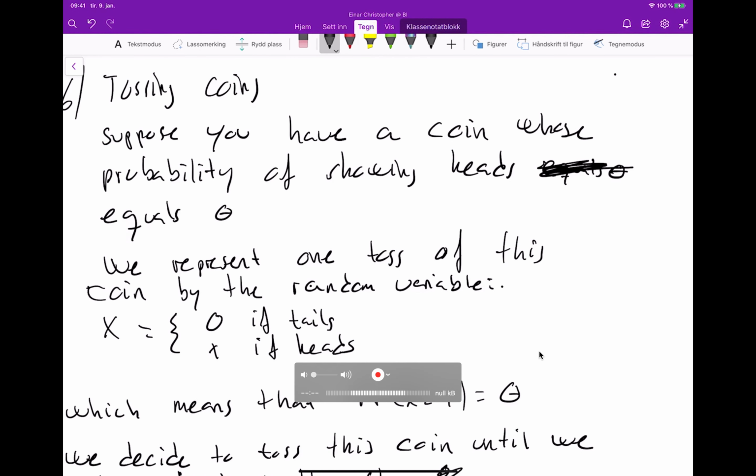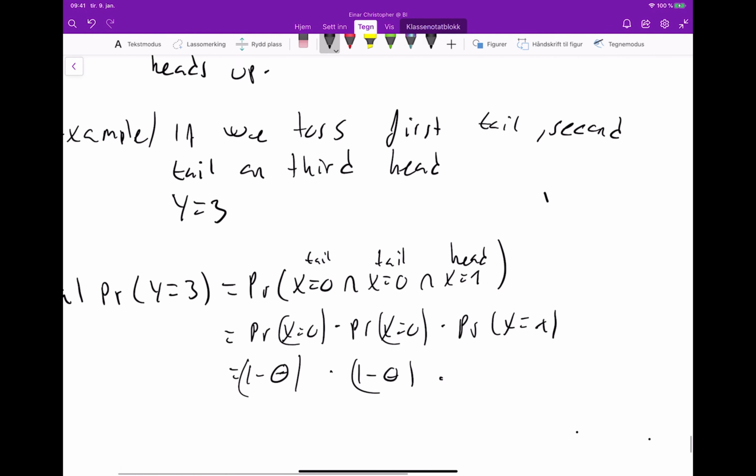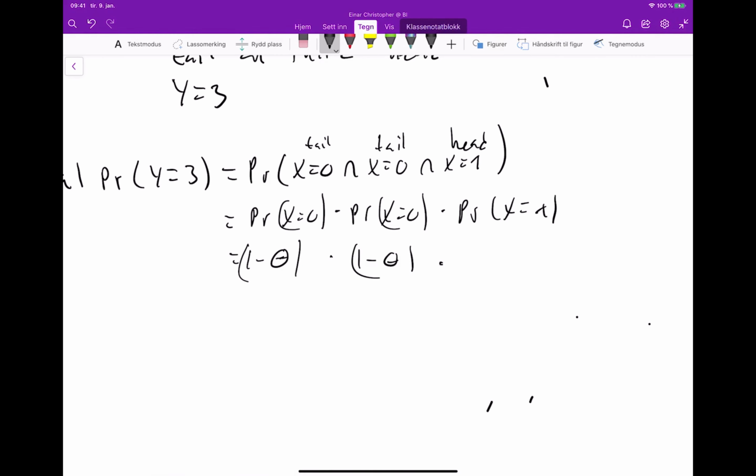We got it here. Probability of x equal 1 is theta. Then probability of x equal 0 is 1 minus theta, which we have used. So this last one is theta. So this is nothing else but 1 minus theta to the power of 2 times theta, which we were supposed to show.